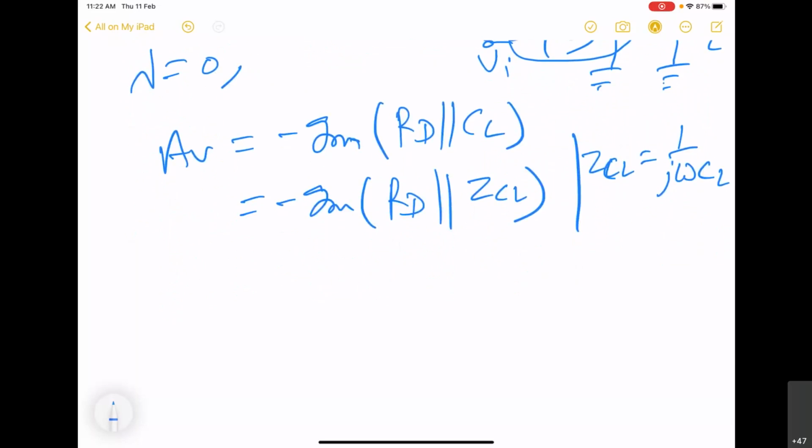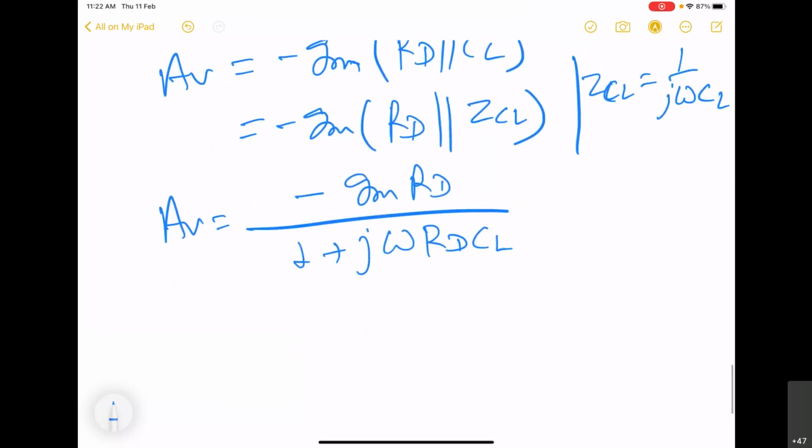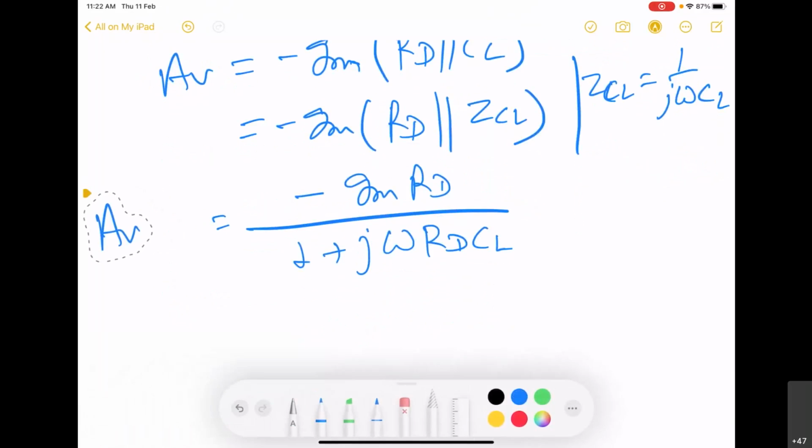So here one can find out the voltage gain AV. This will be equal to minus GM RD divided by 1 plus j omega RD CL. So this is going to be the expression for voltage gain. So here now you can see that voltage gain is now the function of frequency, right?